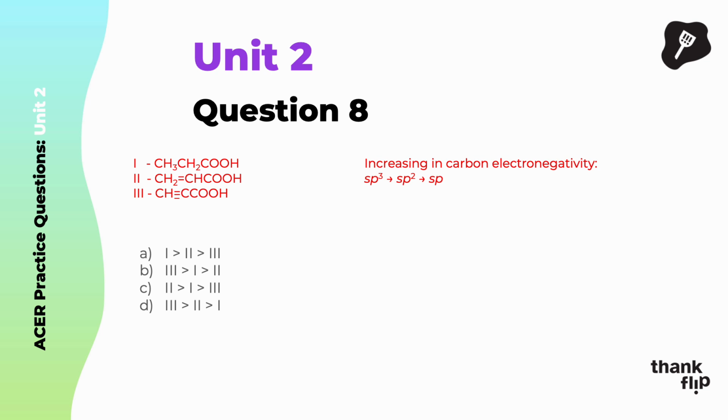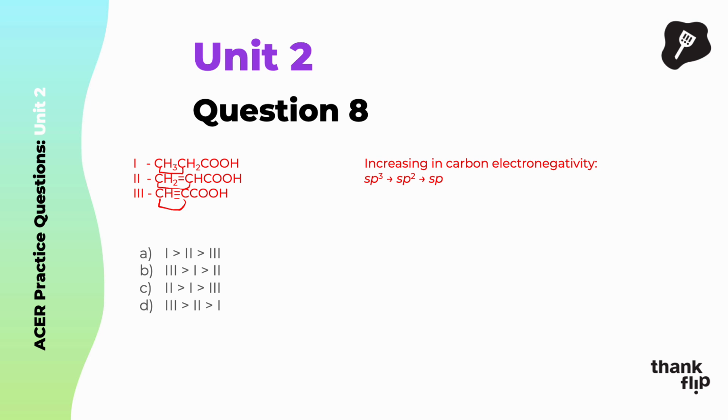And the only real difference you'll realize, if you're looking with the lens of your pattern recognition skills, is that the carbon bond here is the only thing that's changing, right? Otherwise, it's the same exact molecule. And so it's important to note that different bonds have different electronegativities, and triple bonds have the highest electronegativity.